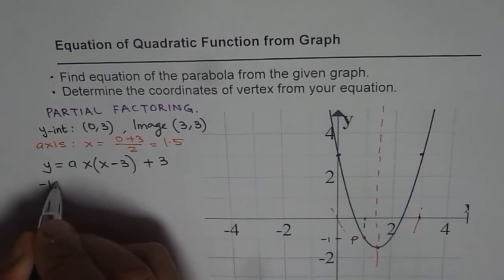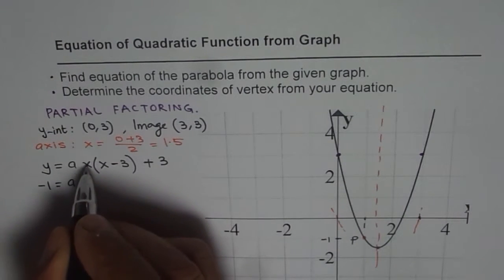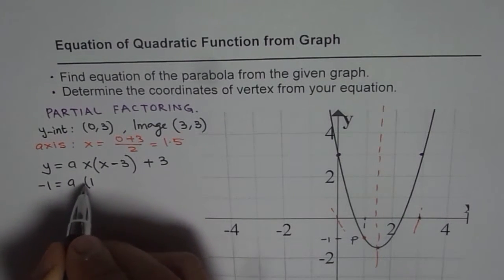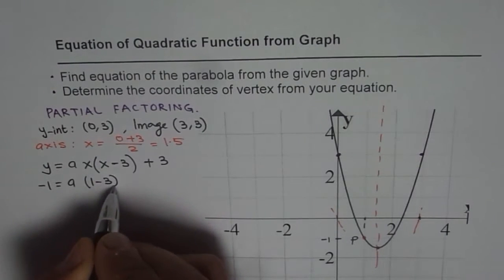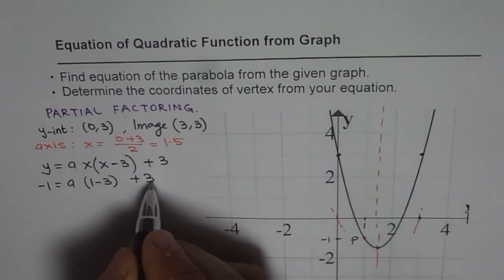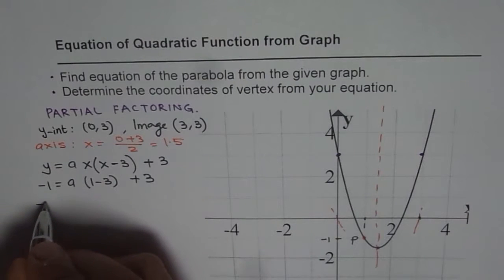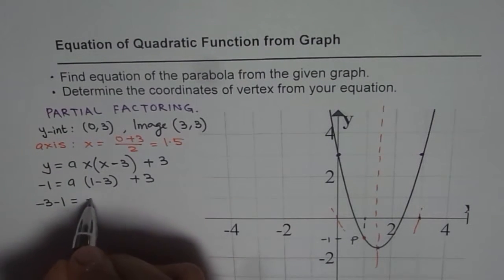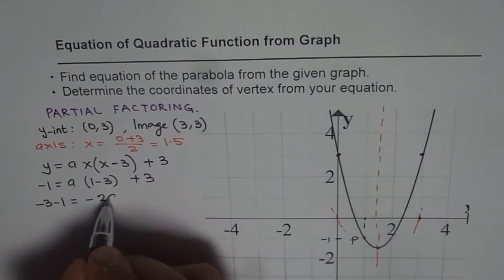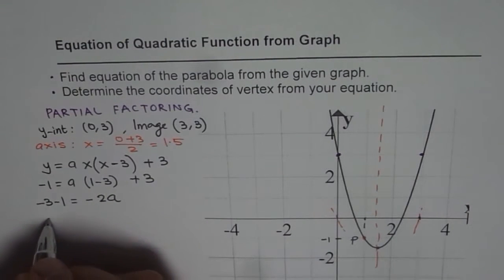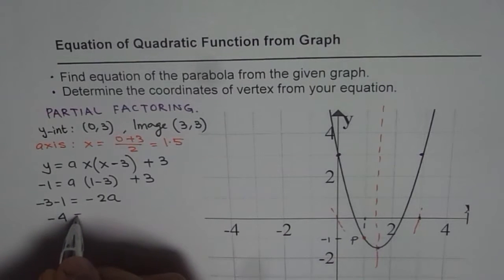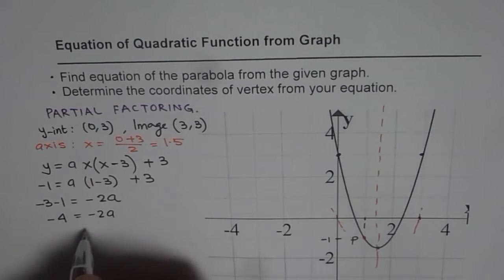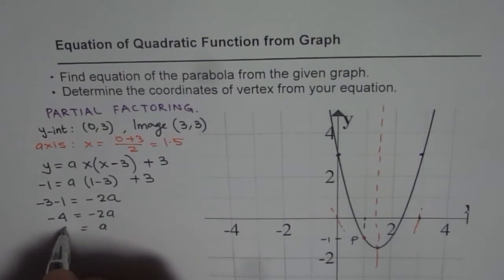So we write minus 1 equals a times 1 times 1 minus 3, plus 3. Bringing 3 to this side gives us minus 3 minus 1 equals 1 minus 3, which is minus 2. So we get minus 2a, and we get minus 4 equals minus 2a. So a is equal to 2, right?